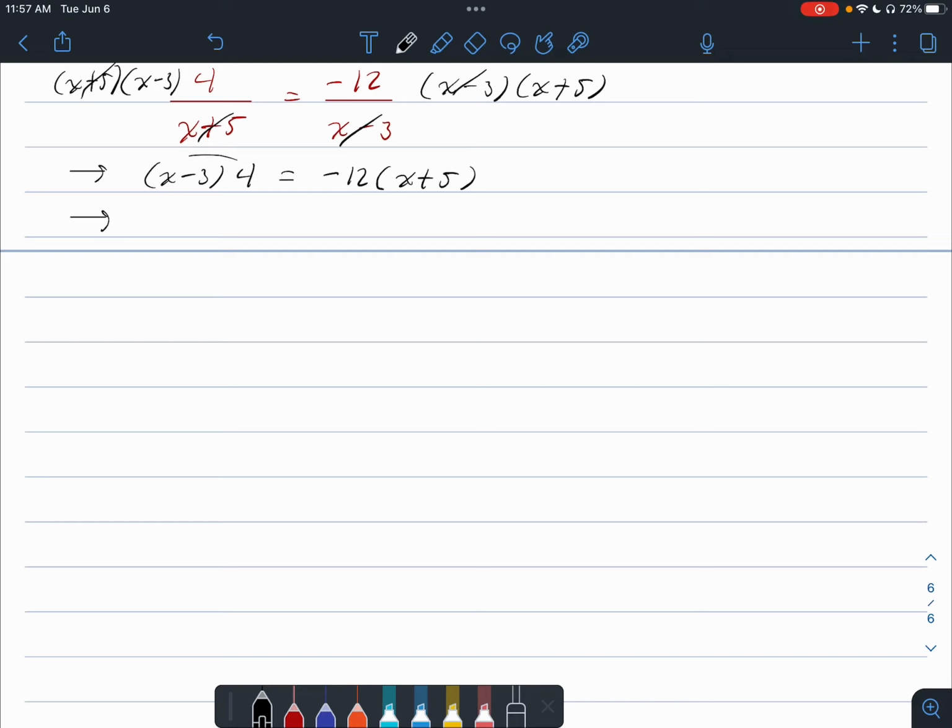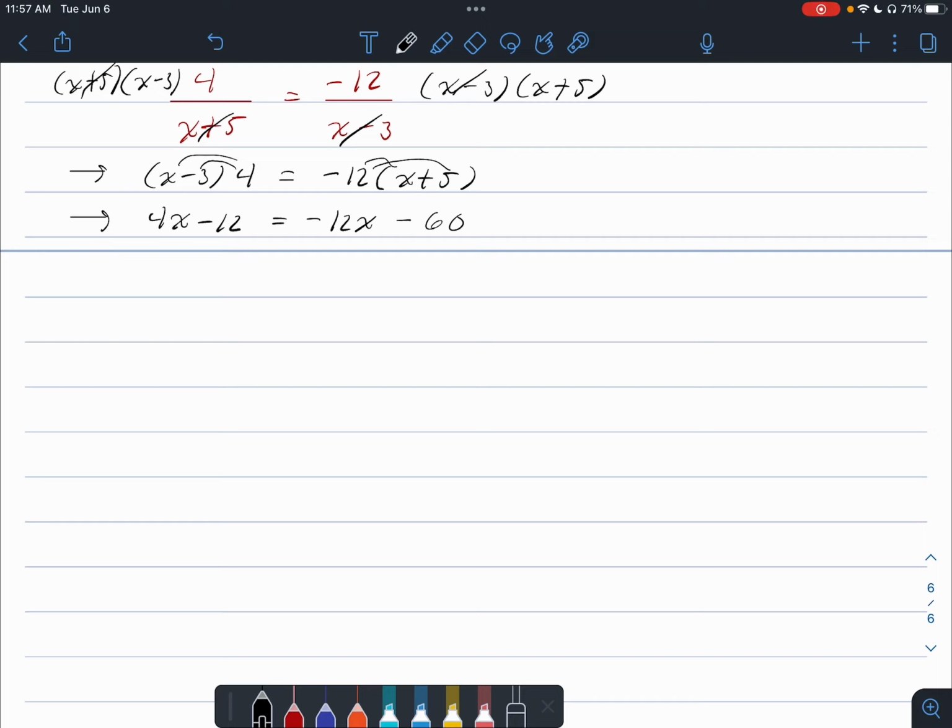If we distribute the 4, we'll get 4x minus 12 is equal to negative 12x, which we get from distributing the negative 12. We have negative 12x minus 60. Okay, so negative 12 times 5 is 60.